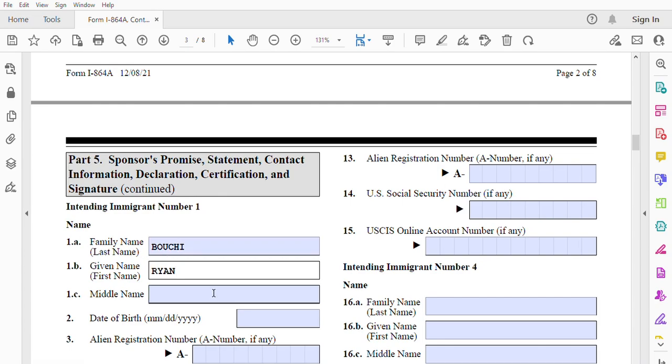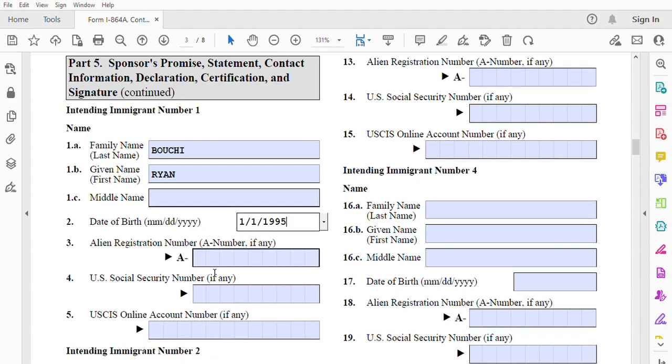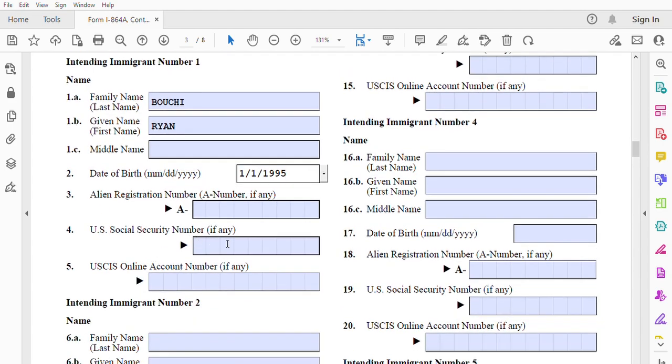Middle name, you can leave it blank or NA, doesn't matter. And date of birth is 1/1/1995. Alien registration number, he does not have it since it's the first time he's gonna come to the United States. Social Security is the same, he does not have it. USCIS online account, he does not have it.